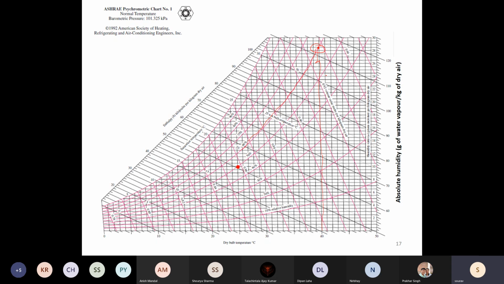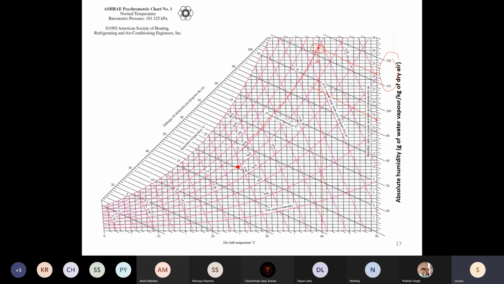So this is the state point, and you will have to read the enthalpy. Up to 100 you can read here, from 110 onwards you read here. So this will be probably somewhere here, 115. And from there you subtract 19. So 96.